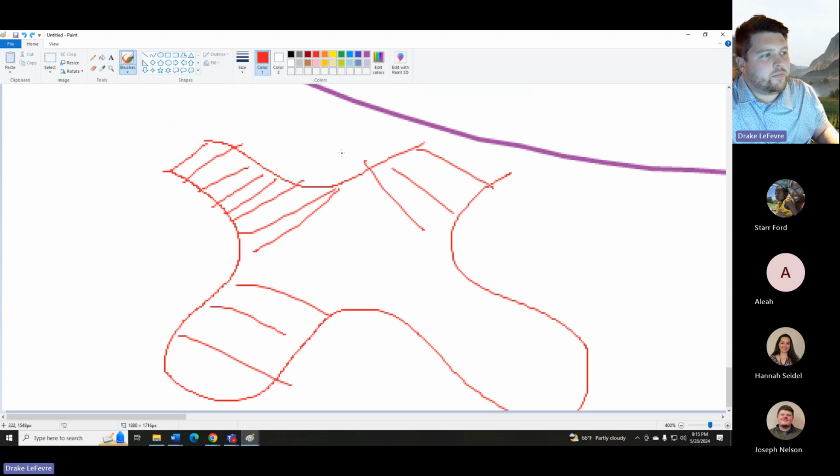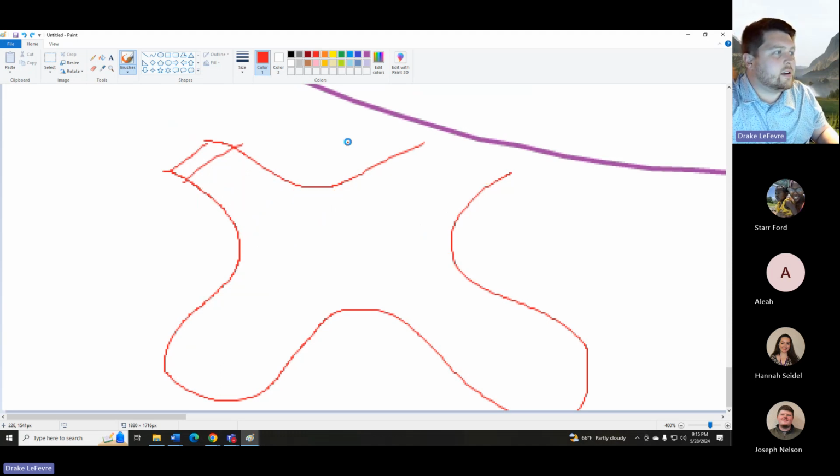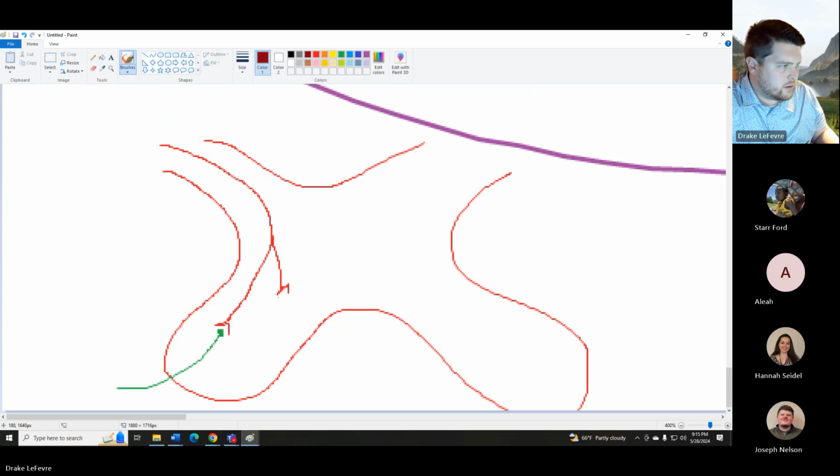So the sensory neuron comes in and synapses with the alpha motor neuron that goes to the quads, and then a secondary one comes off, binds to an inhibitory interneuron, which then binds to that other alpha motor neuron.